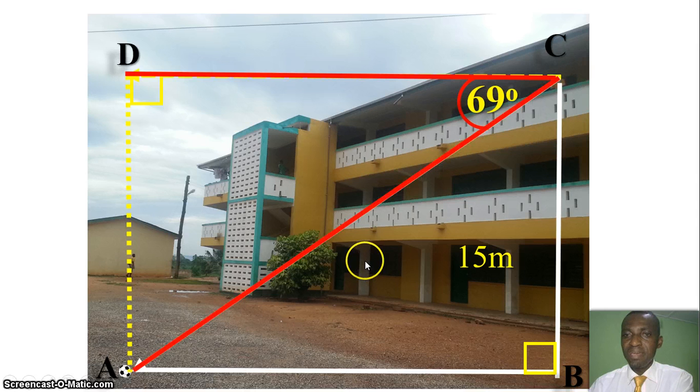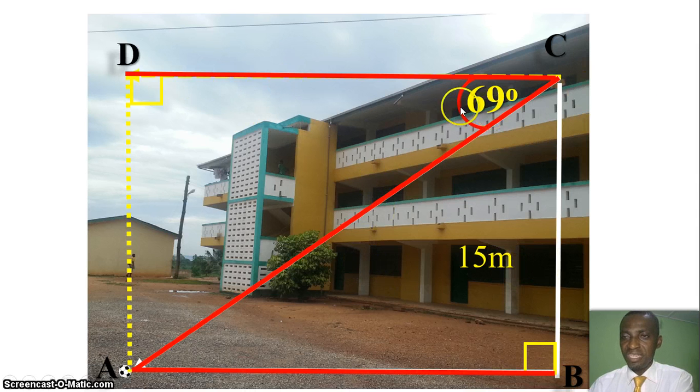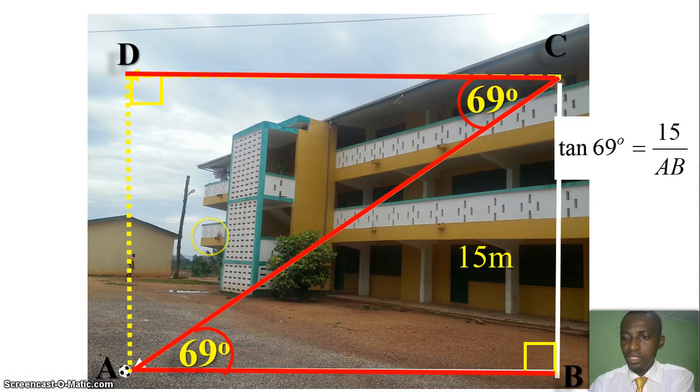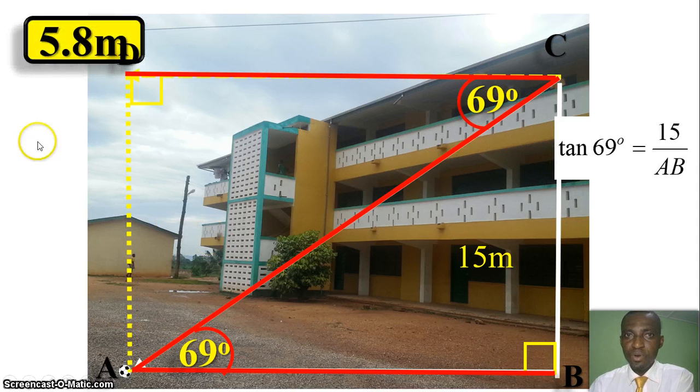Now this makes an alternate angle, so we can say 69 here could be equal to the value here, 69, so that opposite becomes the CB, adjacent becomes AB, and then using your trigonometric ratio, you should be able to calculate this and get the answer. And your answer, when you do it nicely, you will get 5.8 meters. So solve this and then get your answer as such.